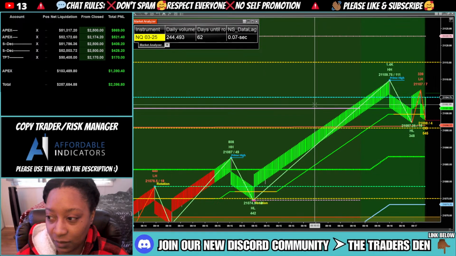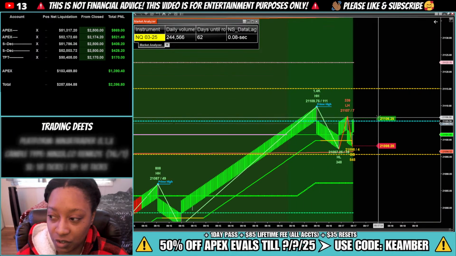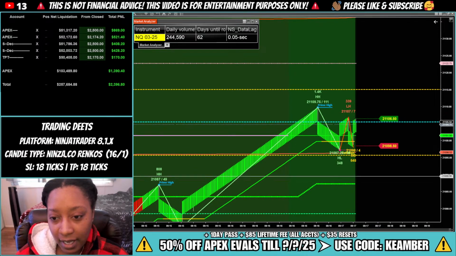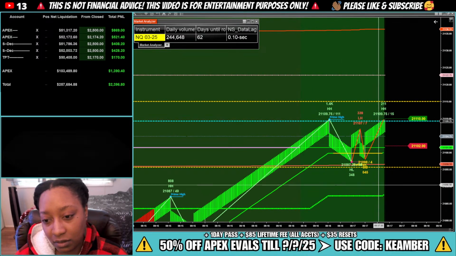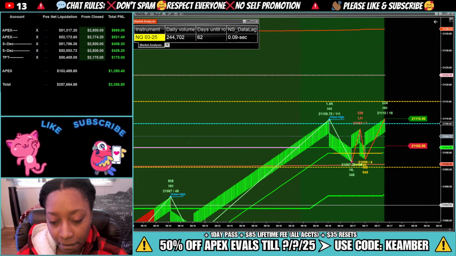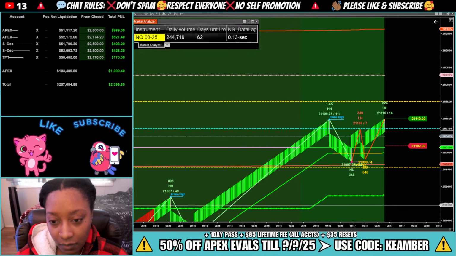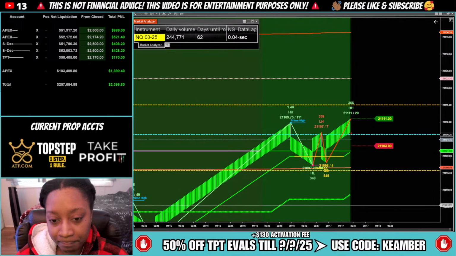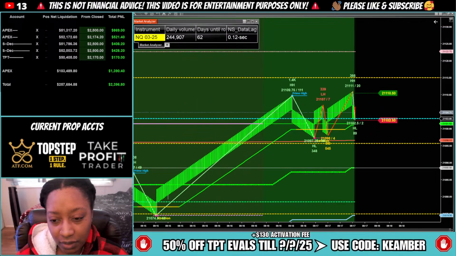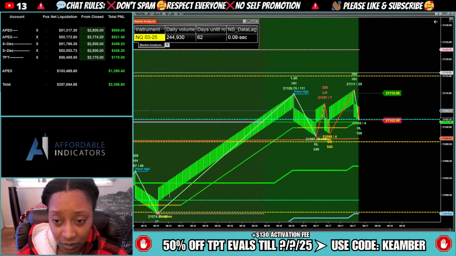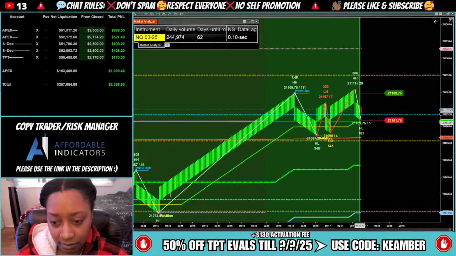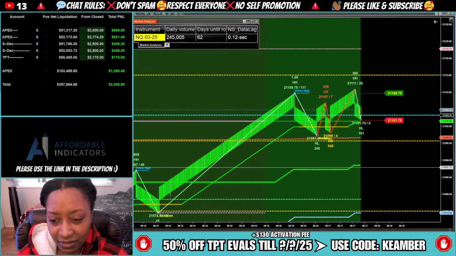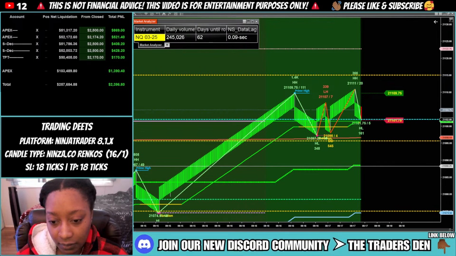Because this technically was resistance until we just pushed past it, right? So I'd rather see us trade away from it personally. That'll let me know that it's a strong attempt to continue the uptrend versus continuing to pull back to it. It's not strong then.